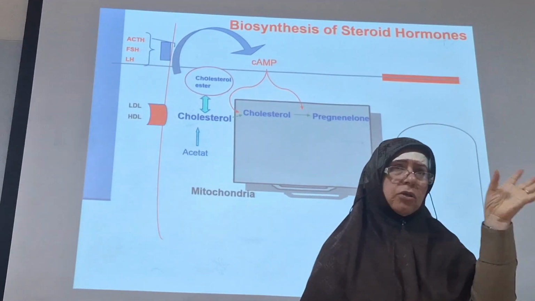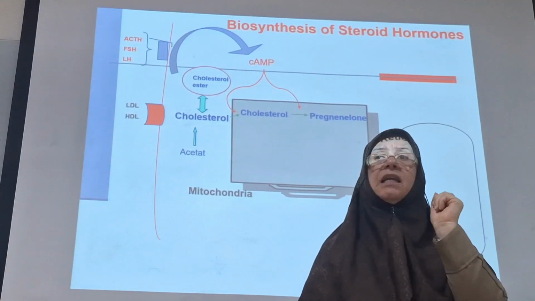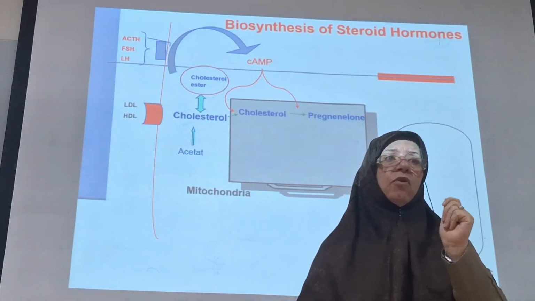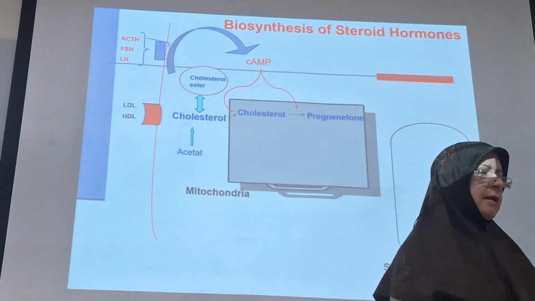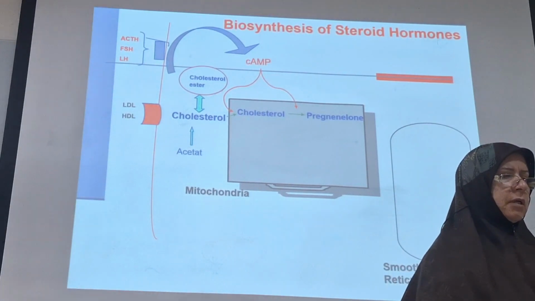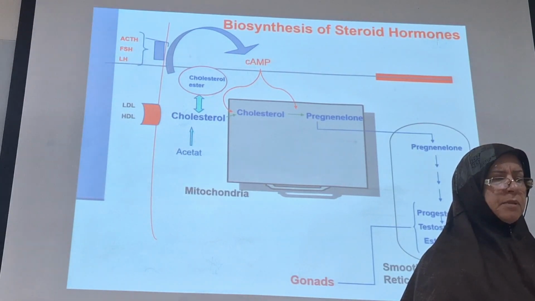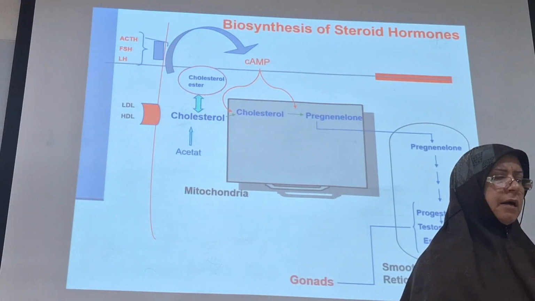Conversion of cholesterol to pregnenolone is the first step and the limiting step for steroid synthesis. Pregnenolone enters the SER. The remaining steps of hormone synthesis take place inside the SER.